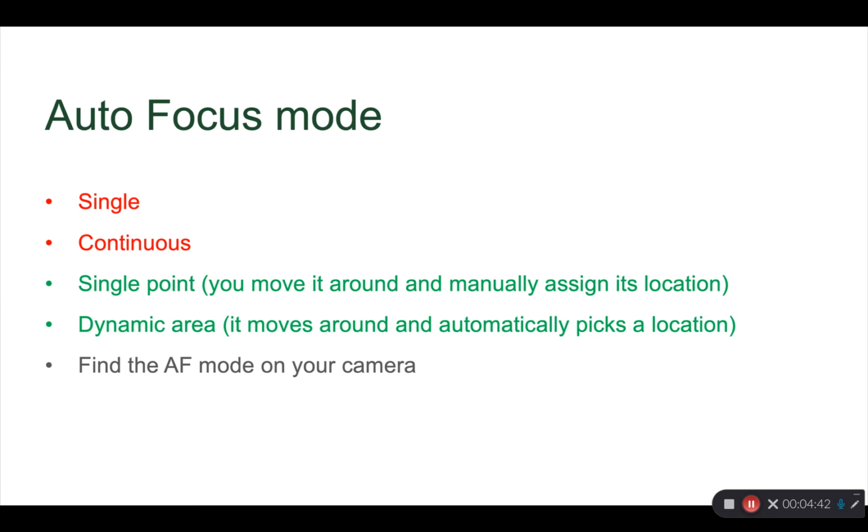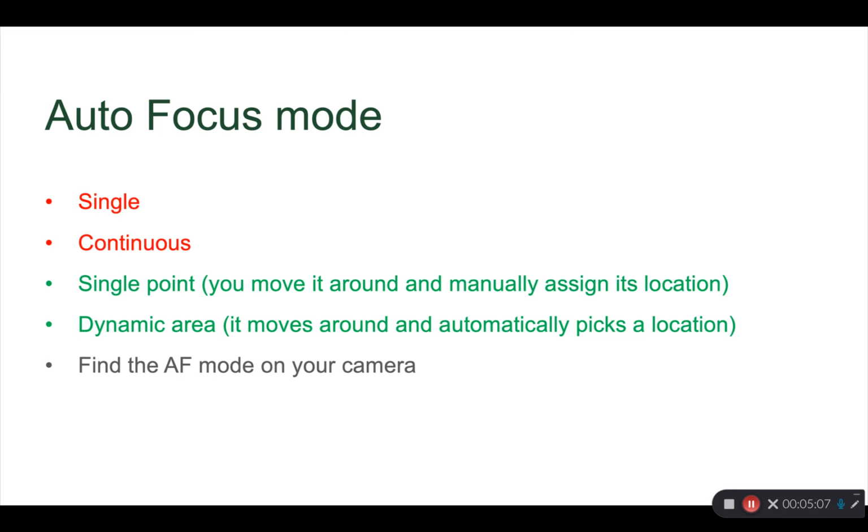The priority here is a sharp image, so it will wait for you to be in focus. Continuous autofocus is going to lock onto your subject and track it as it moves, and it will take the picture not when you push the button, but when the picture is actually taken a fraction of a second later, and it will focus where the subject is going to be after that delay.